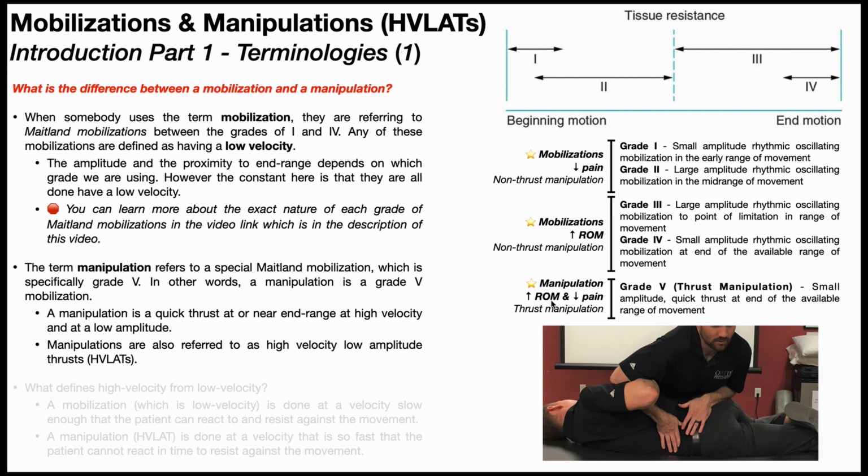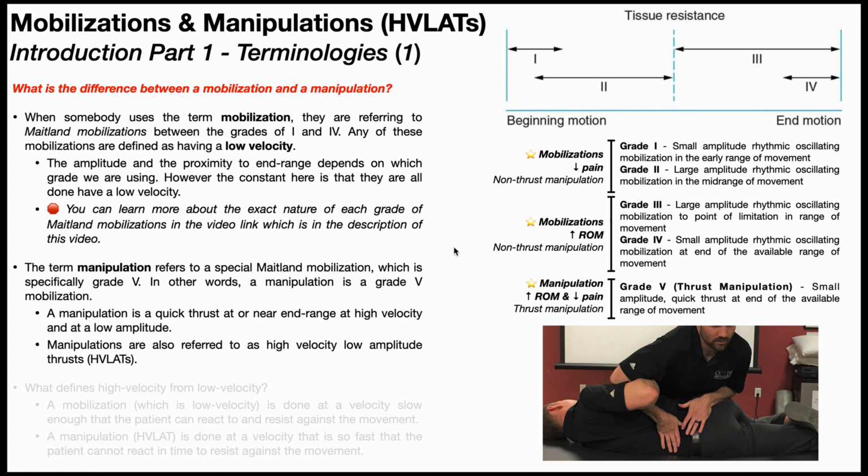Backtracking a little bit, when we talk about the Maitland mobilizations between grades 1 and 4, usually you'll just refer to them as mobilizations, but they're also termed non-thrust manipulations. What most people are referring to as manipulations are also called thrust manipulations.